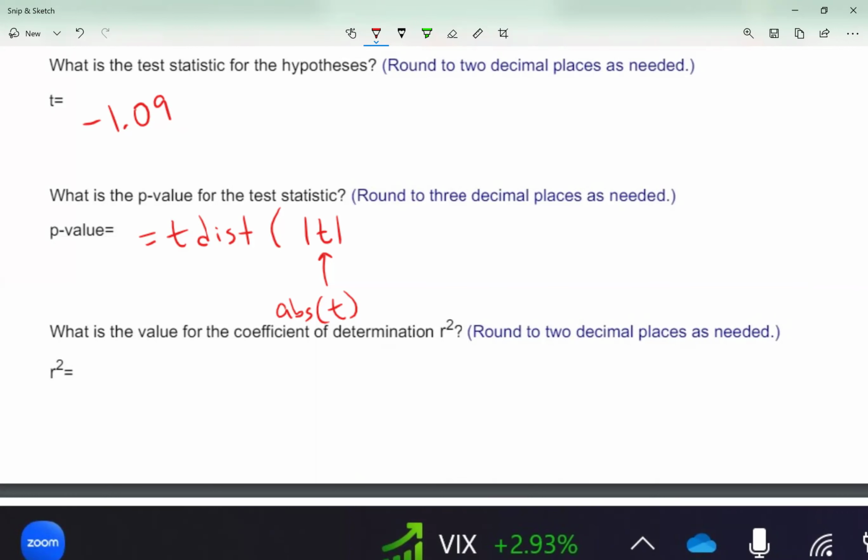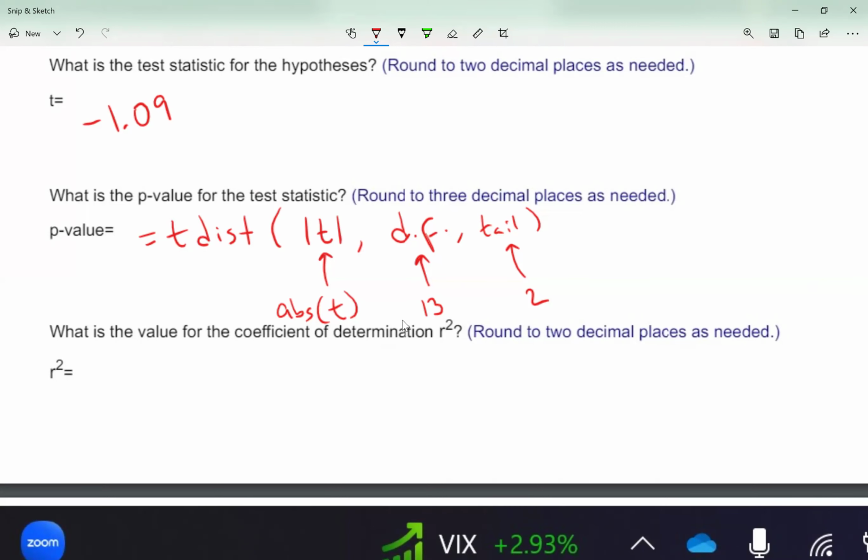So I have t distribution, absolute value of t, comma, my degrees of freedom, which in my case is 13, because we have 15 numbers, so 15 minus 2 is 13, comma, and then the tails. How many tails? In my case it is 2. There's a 2-tail distribution. So this is what I'm going to find out for my p-value.